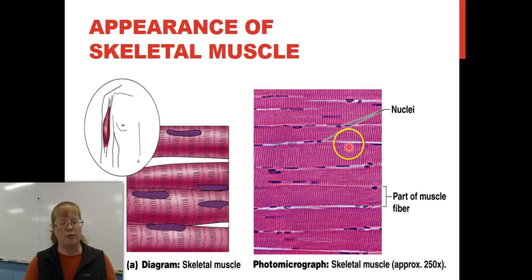And one of the primary features of skeletal muscle tissue is that you have long cylindrical shaped cells, and they have these very prominent stripes, the striated appearance. And we're going to be talking quite a bit today about that striated appearance, why that occurs. It all has to do with the sliding filament model of muscle contraction.